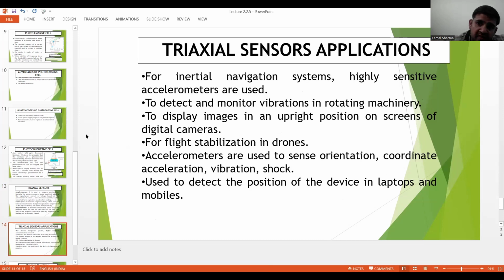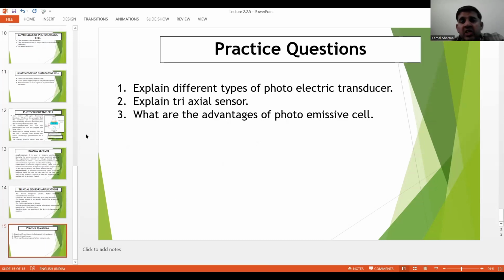You might have seen a vibrometer, with which we can easily check whether there is some vibration or not. This helps us protect ourselves from machinery. In digital cameras, we normally use them for flight stabilization in drones, and to detect the position of the device in laptops and mobiles. These are very important applications of triaxial sensors.